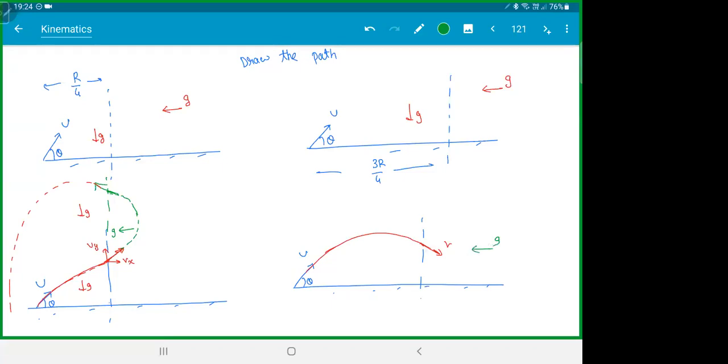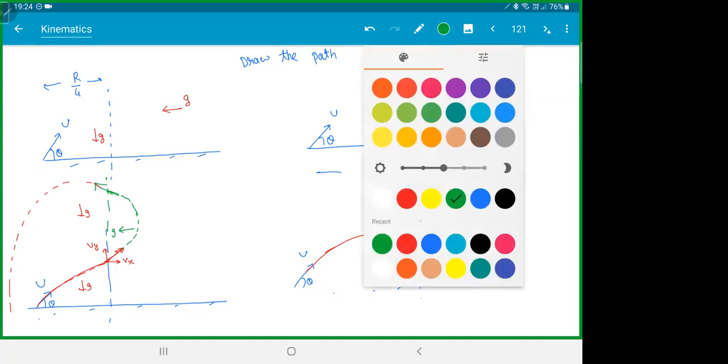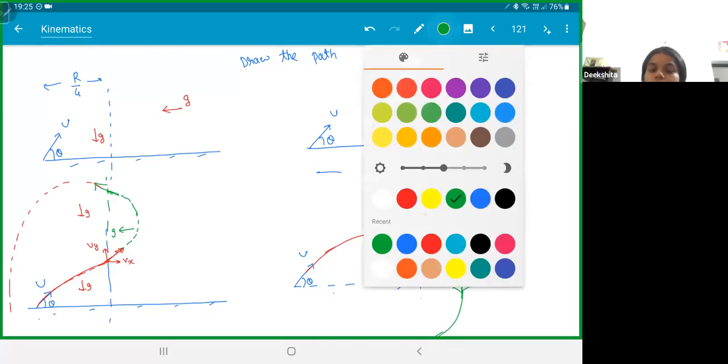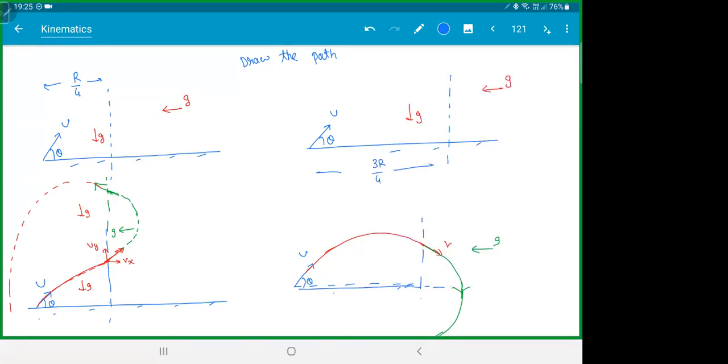So when you assume there is no ground, it would have been something like this. You will hit the ground somewhere here actually. You would have traveled like this. You will hit the ground somewhere.